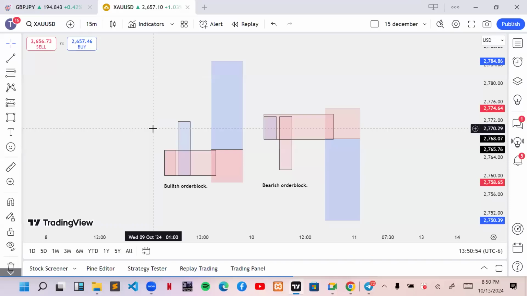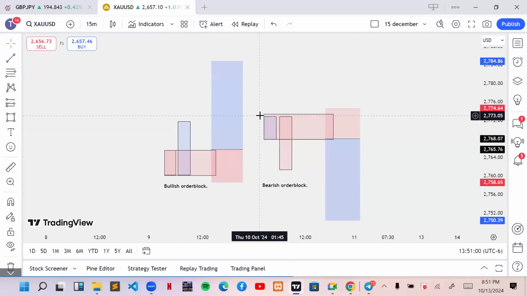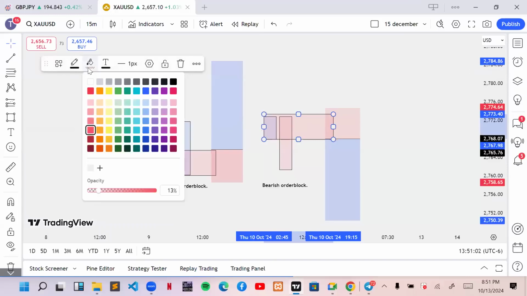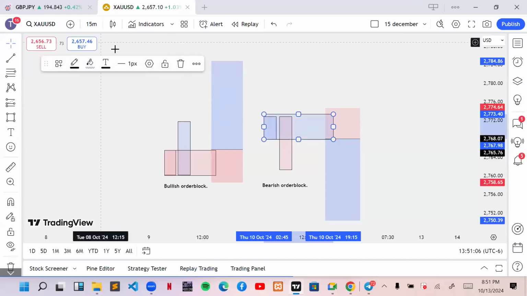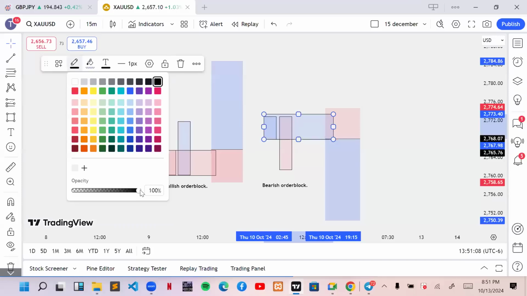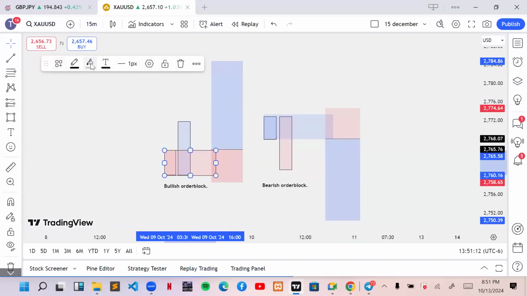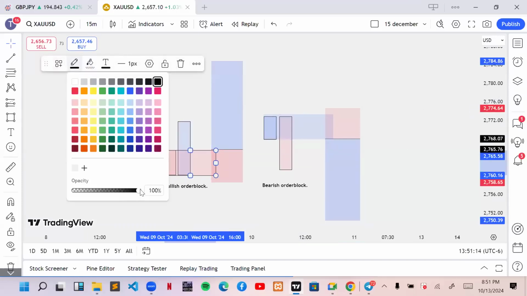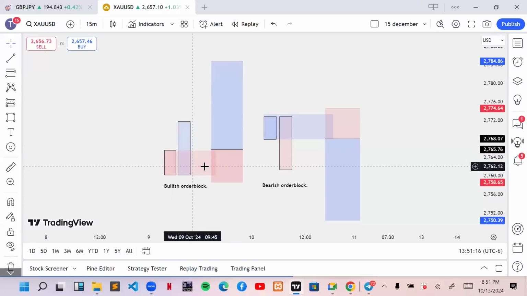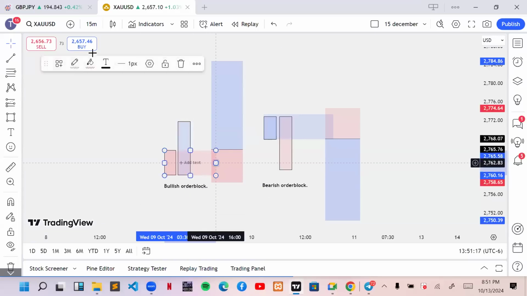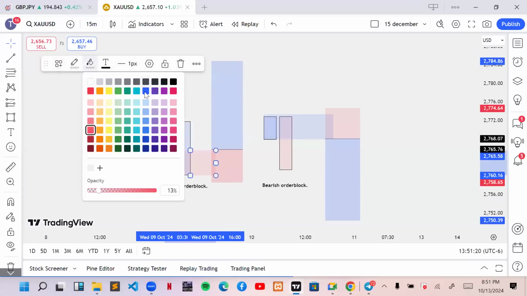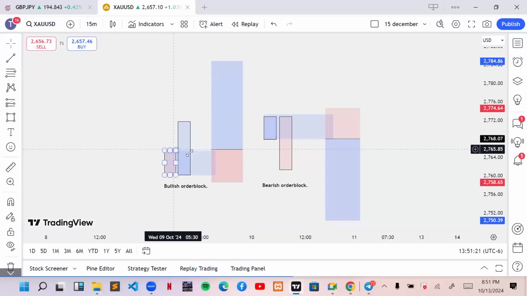Some people also ask, what about when there are candle wicks? How do you pick your entry when there are candle wicks? This is what I mean by candle wicks. When the order blocks have wicks, how do you pick your entry?